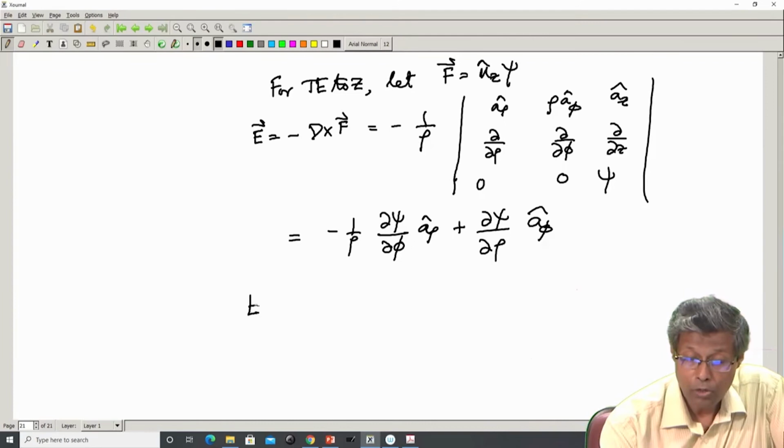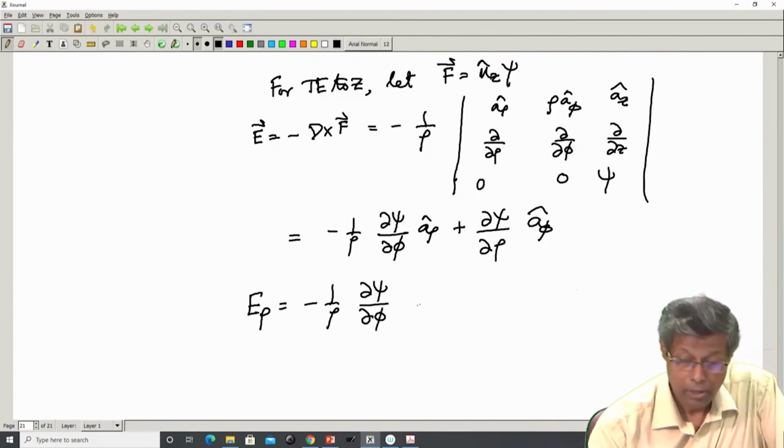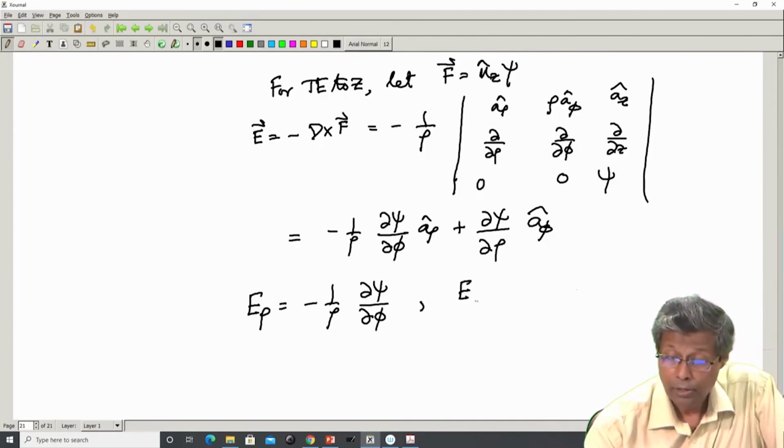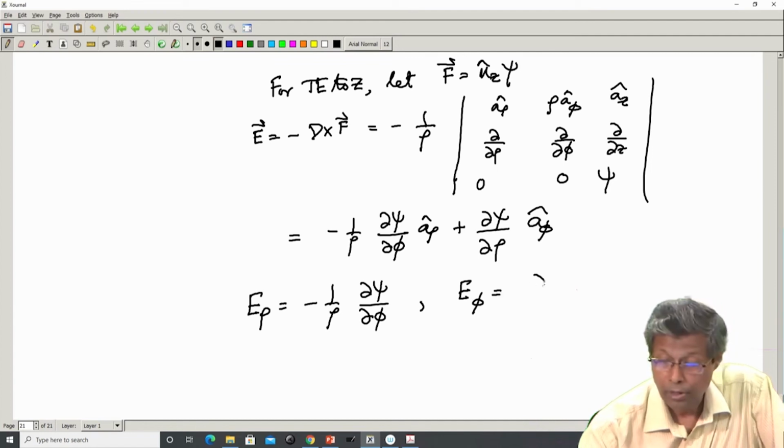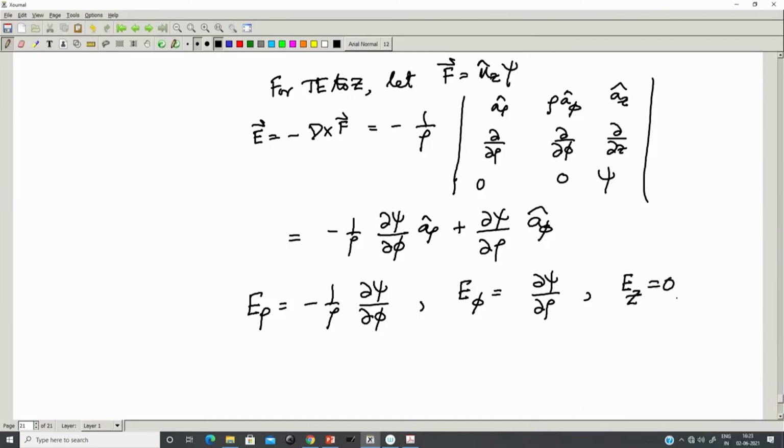So, E rho is given by minus 1 by rho del psi del phi, E phi is given by del psi del rho, and E z is given by 0.